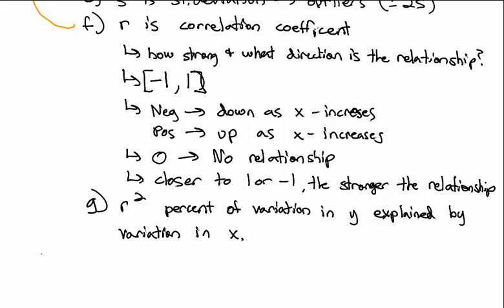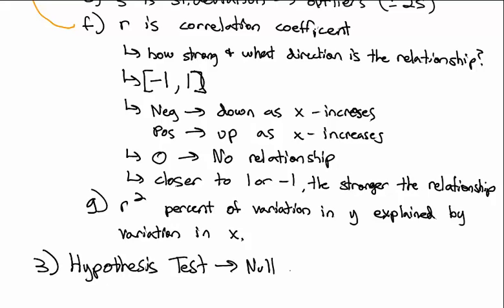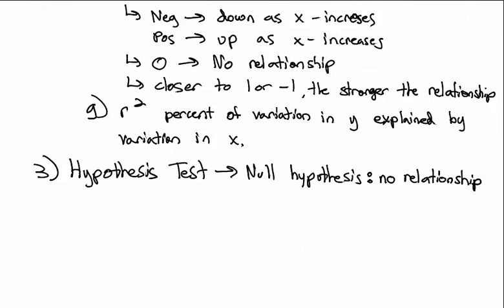One thing that's also worth noting, I think I'm on number 3, is when we do a hypothesis test, the null hypothesis will always be that there is no relationship. The alternative is that there is some relationship.